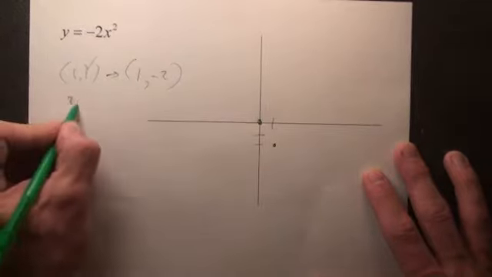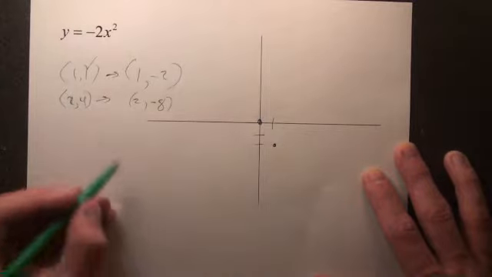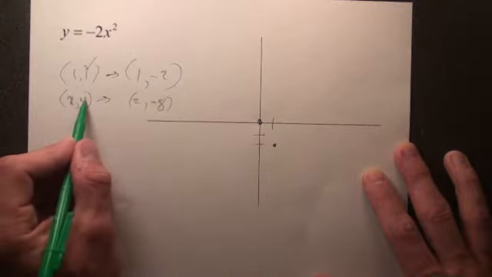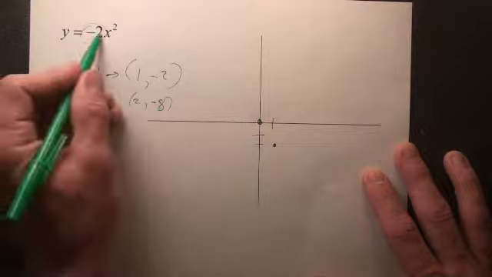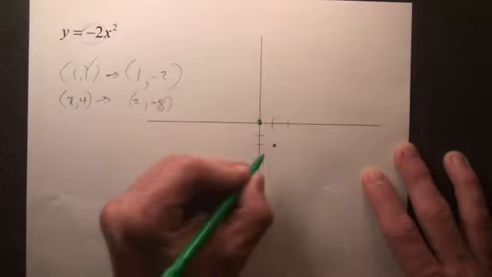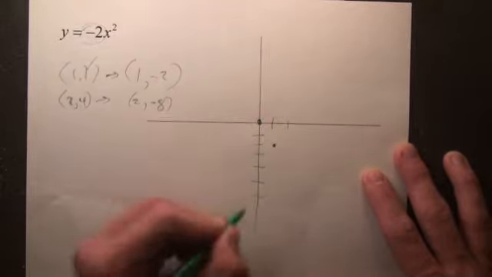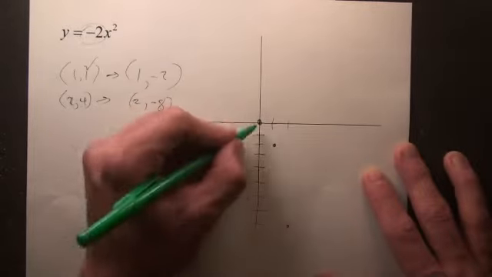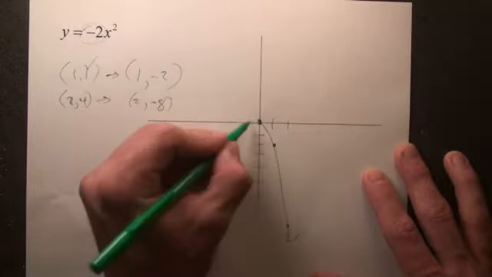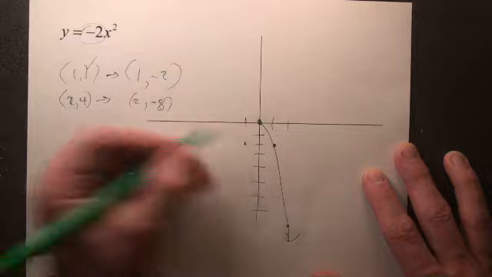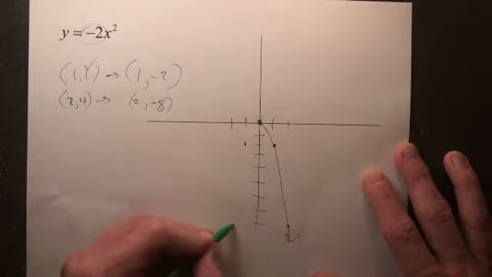Instead of what used to be 2, 4, we're going to use 2, comma, negative 8. So instead of going down or up 4, we're going to go down 8. 2 times 4. So 3, 4, 5, 6, 7, 8. So it makes the graph skinnier, or if you want to refer to it as being taller, right?